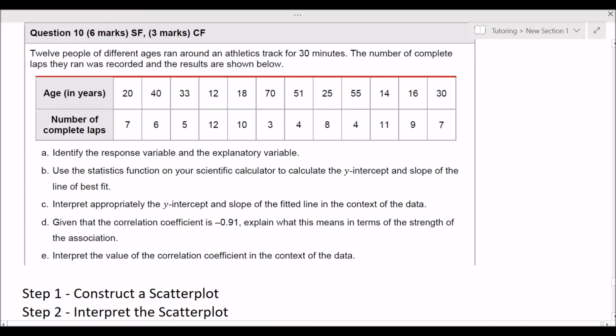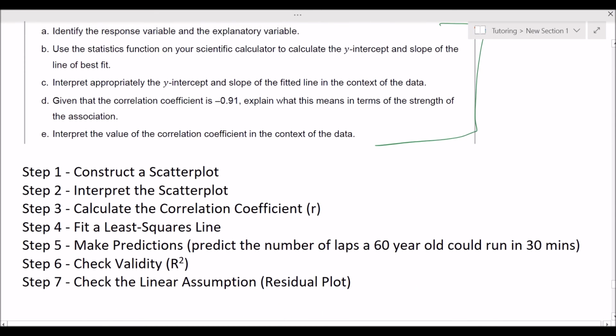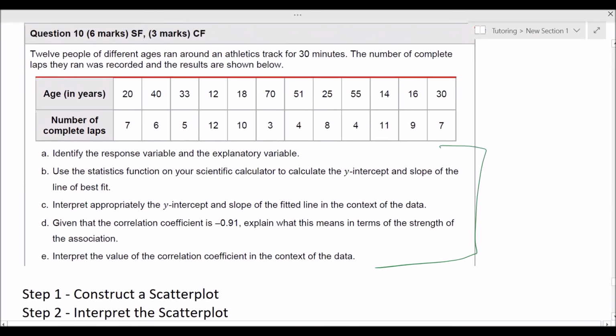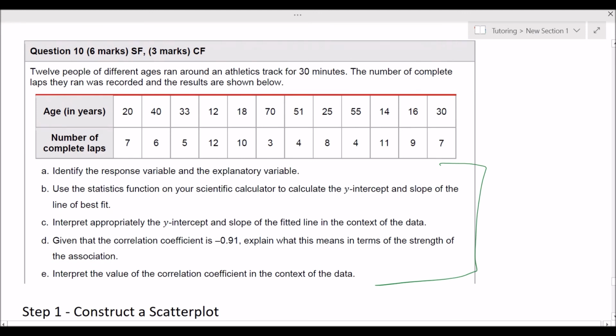The number of complete laps they ran was recorded and the results are shown below. Now what we're going to do, these are the questions that were asked of this data, but I think it would be better if we do the whole seven-step process on this data and see if you can figure out how to do everything.